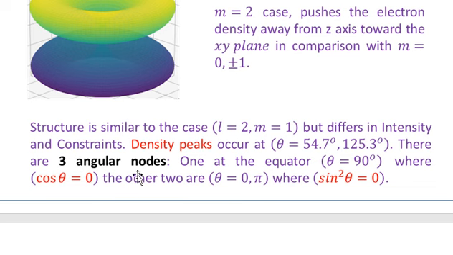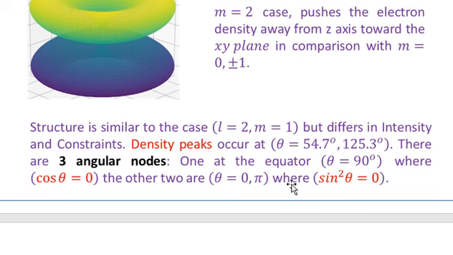So there are 3 angular nodes. One is through the z-axis, that is through the pole, and the other two are at these angles. One is at the equator, that is at theta equal to 90 degrees, on the xy plane, because cos of theta is equal to 0 on the xy plane.